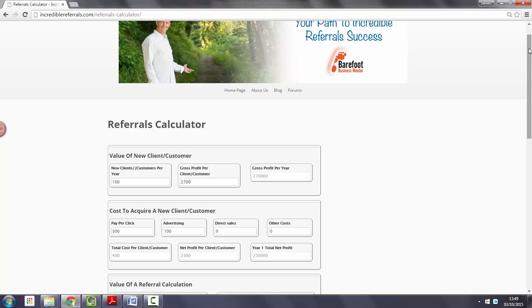Your examples could be, you may have far more customers than 100, you probably have. And so that's customers or clients per year, and the amount you charge each client could be more or less than this. Just put your figures in. The chances are probably at these figures here, the costs are going to be higher.